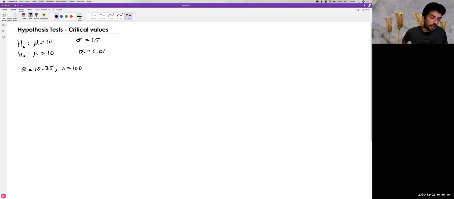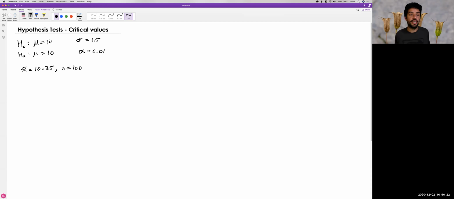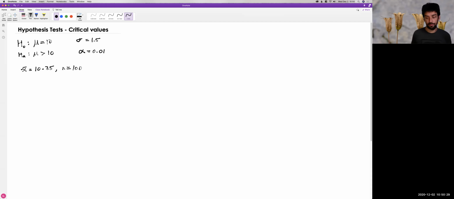And we have a sample mean taken of 10.35, with a sample size of 100. So we've taken our sample and it's a little bit higher, and we want to test, is this high enough that we reject the null hypothesis?